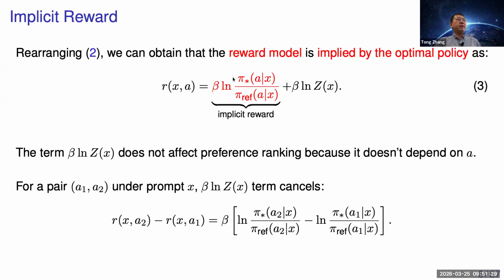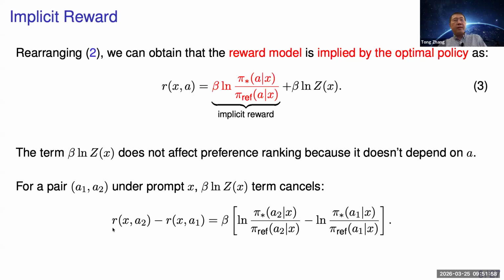So it only depends on the difference of the implicit rewards, not on this term, because it doesn't depend on A. It's a summation term. So this is the real reward. If you solve for your optimal policy, it will be the implicit reward difference. This is the optimal policy, this one is the reward, and so on.